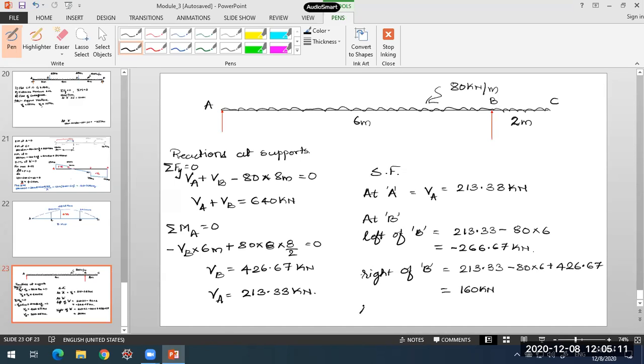And at point C, what will happen to the shear force? When I reach point C, it will be equal to 213.33 minus 80 into this 8 meter plus this 426.67.